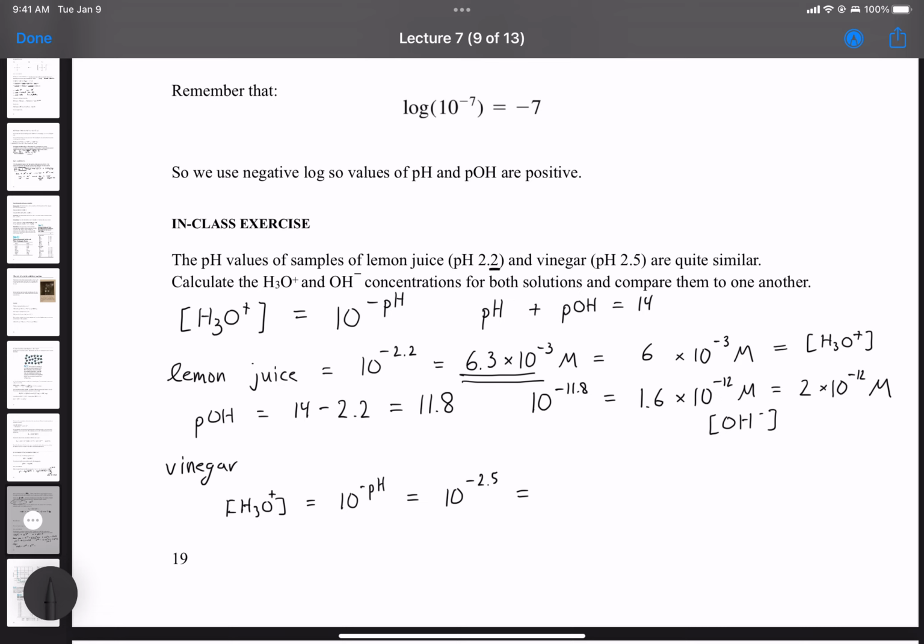So in this case, we would write 3.2. Let's just do it together and give a few extra digits: 3.162 times 10 to the negative third.